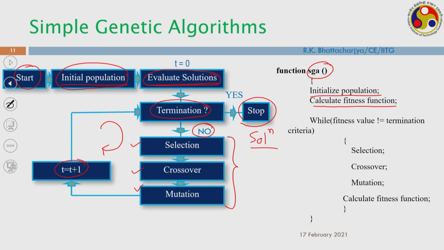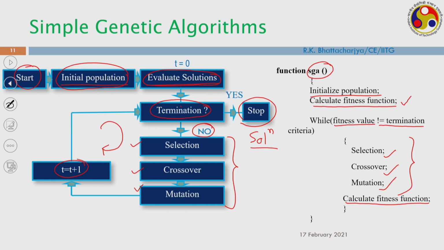Then this while loop will continue. While the fitness value is not meeting the termination criteria, the solution will go through the selection operator, crossover operator, and mutation, and you will calculate the fitness function again, and then the loop will continue.